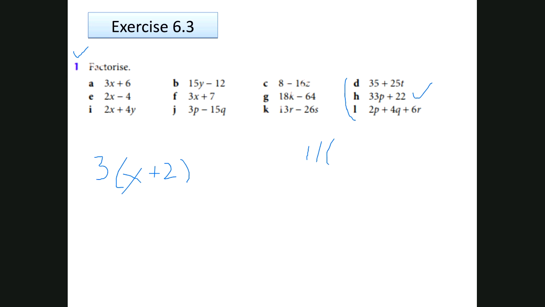So when I divide by 11, 11 threes are 33, 3p plus 11 twos are 22.